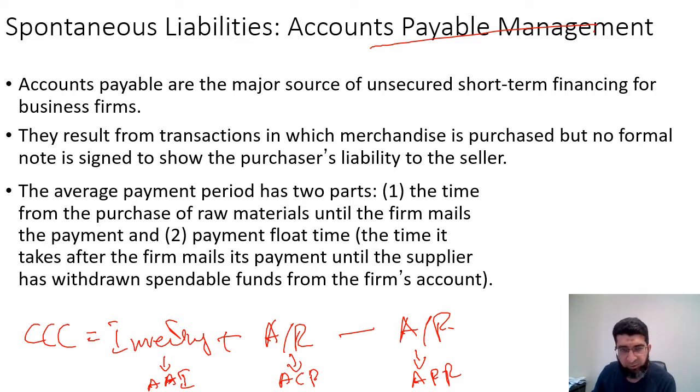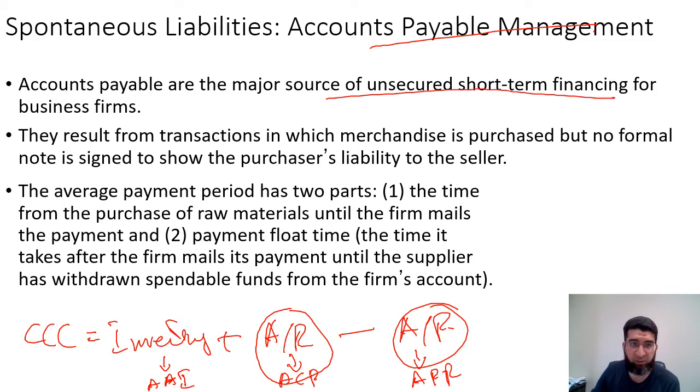Now, we have already covered accounts receivable, in which the focus of the firm is to collect faster without losing sales. But in accounts payable, the focus is to delay as long as possible without hurting the firm's credit rating with the suppliers, hence using suppliers' money to fund the cash cycle. Accounts payable are the major source of unsecured short-term financing for business firms.